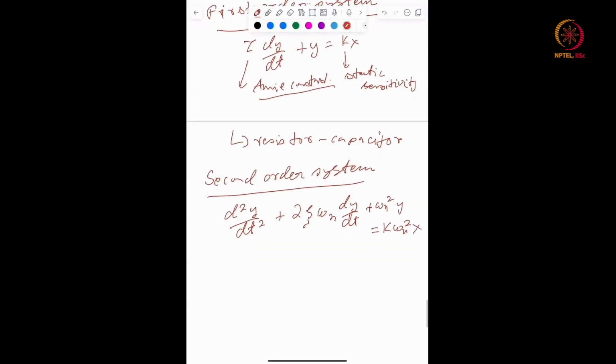So one is basically, once again, the static sensitivity. Okay. And then there is the undamped natural frequency. Okay. And the last one is basically the damping ratio.